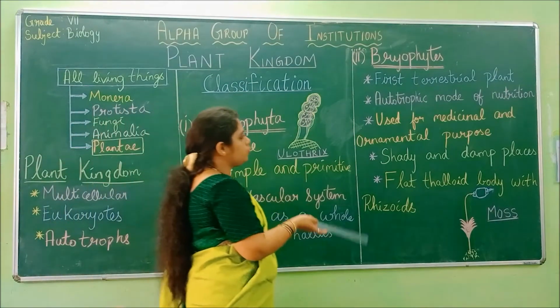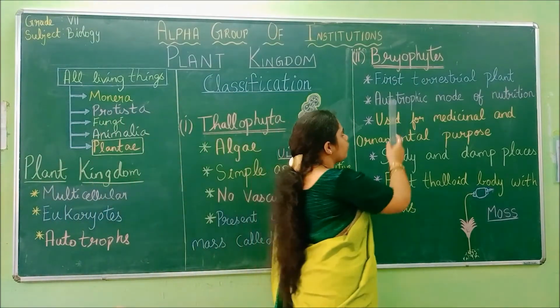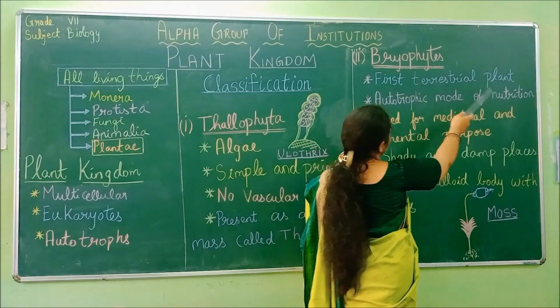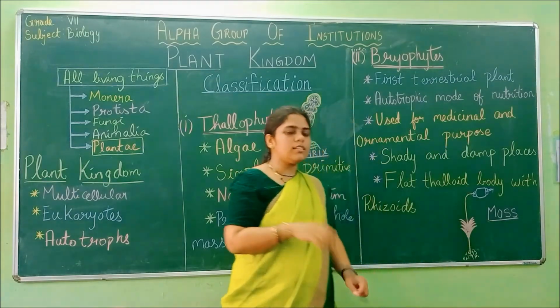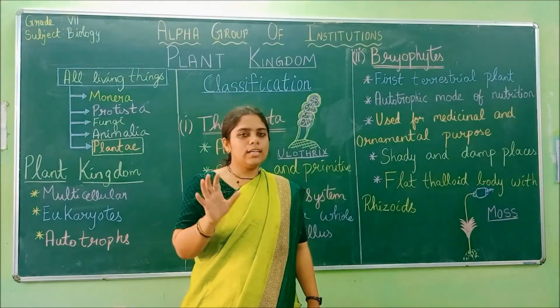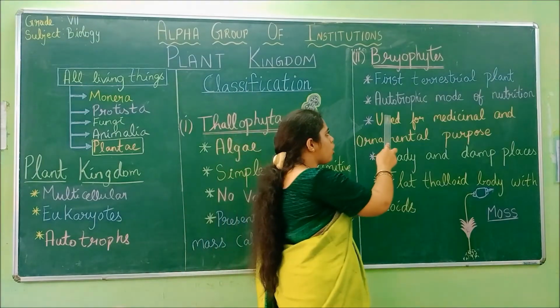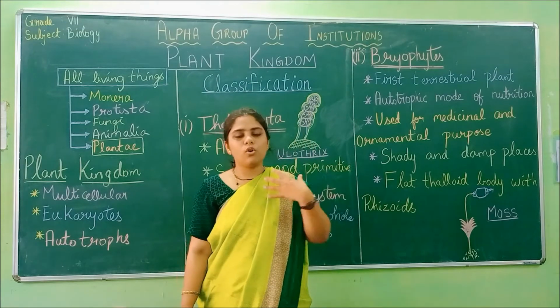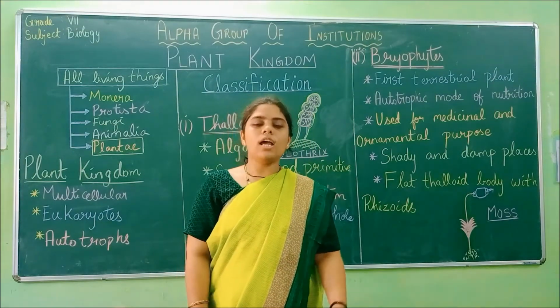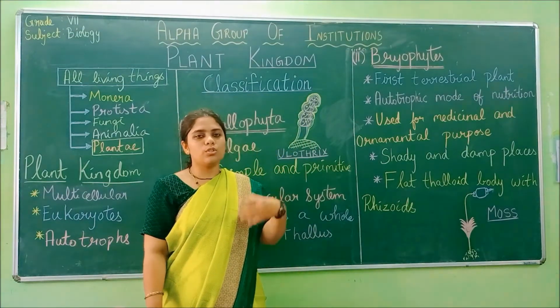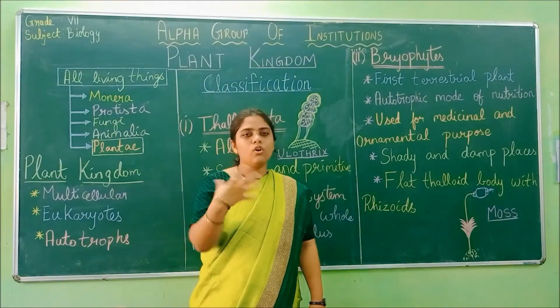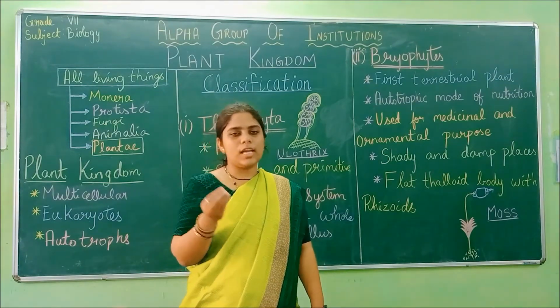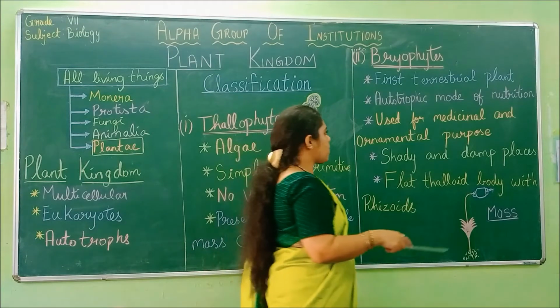So next we are moving on to Bryophytes. First, they are the first terrestrial plants. That is, this is the first plant that grows on the land surface. Next, autotrophic mode of nutrition. That is, they can produce their own food. They do not depend on other organisms. Using chlorophyll, they undergo photosynthesis with the help of sunlight, water and carbon dioxide.